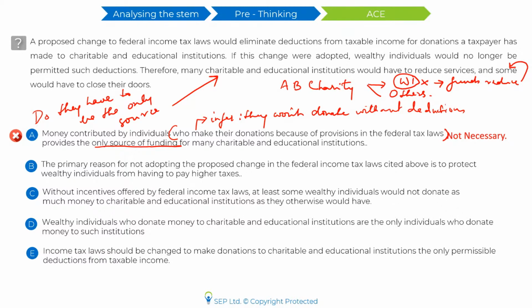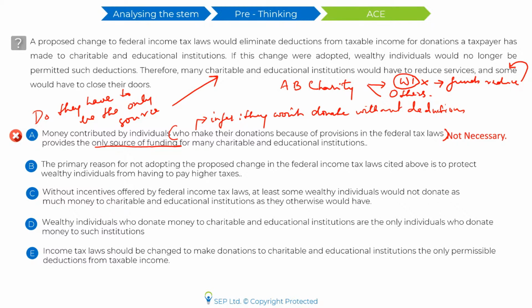Please let me know if this is clear. Why A is incorrect. Jaideep, lesser money has to be the assumption. No money doesn't have to be the assumption. Absolutely, Vamsi.